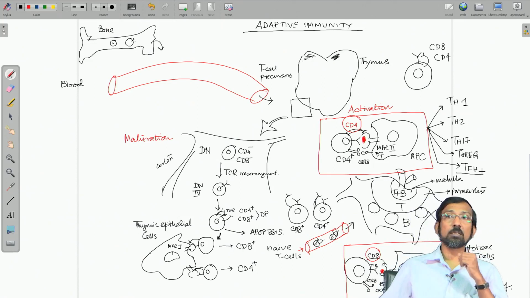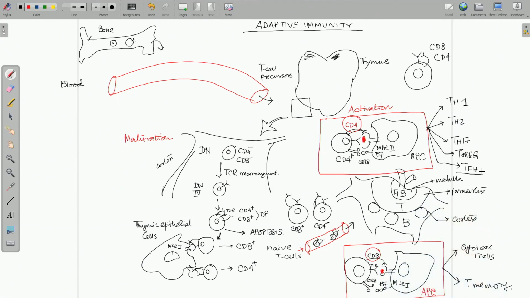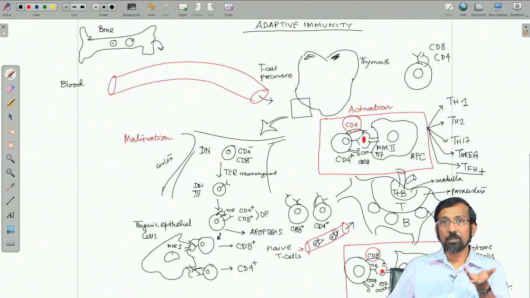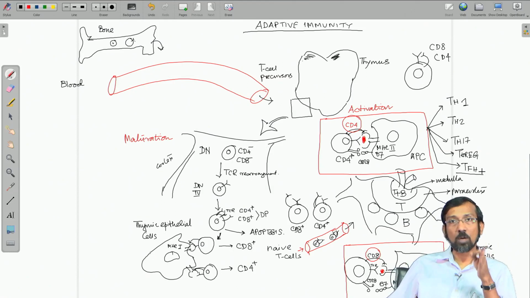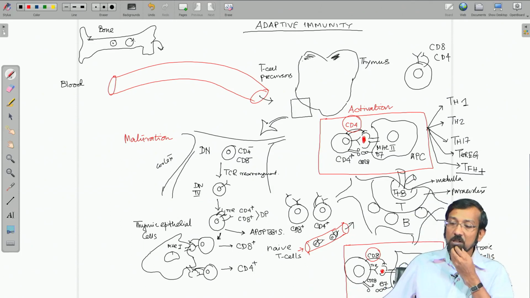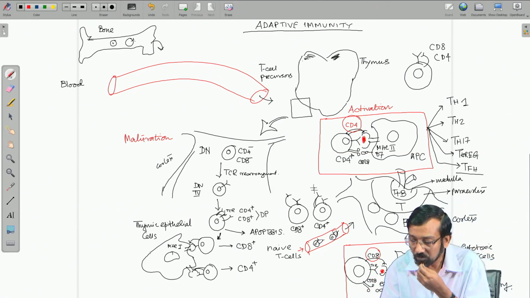The cytotoxic T cells are the class of T cells which can directly interact with the pathogen and kill it. They express certain effector molecules which, after direct interaction with the pathogen, lead to the destruction of the pathogen directly. So, these are the effector cells: either the Th1 or the Th2 cells or the cytotoxic T cells, and then you have the memory T cells. This entire process occurs inside the lymph node, the paracortex of the lymph node.